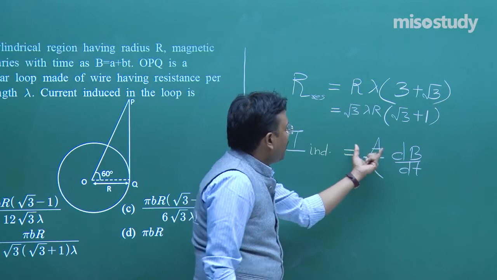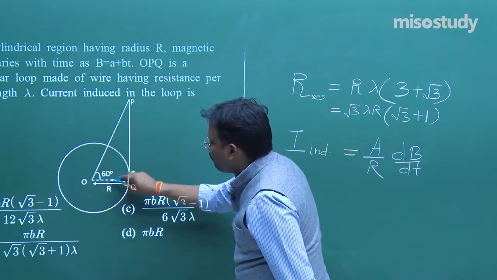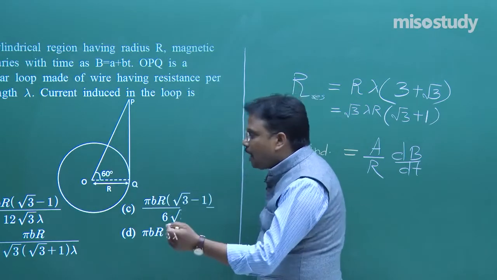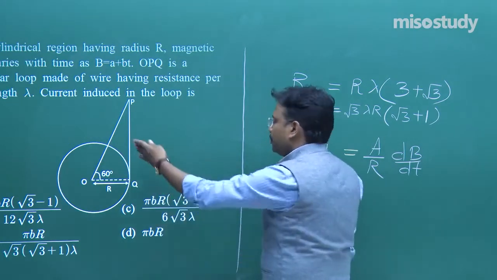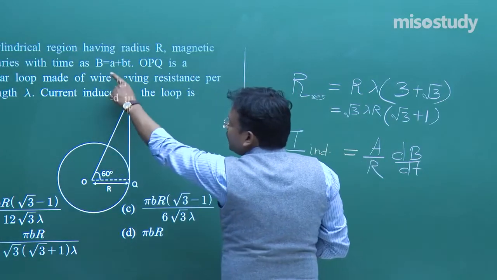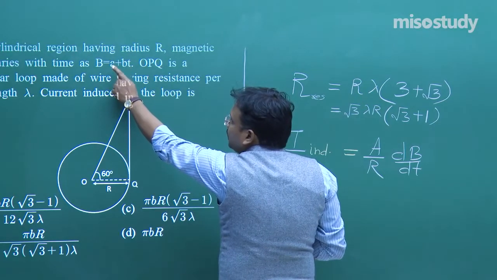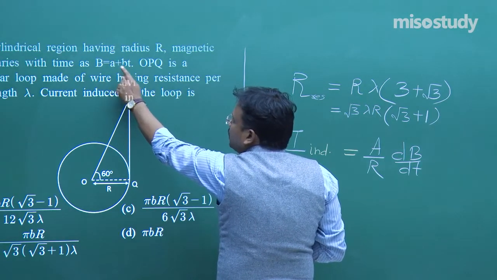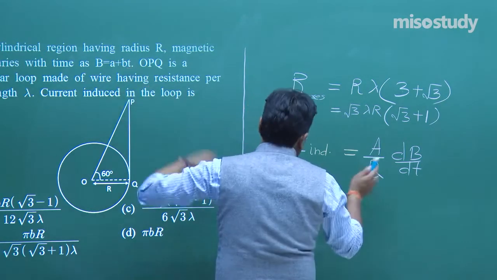What is the A? Now A is something for which you have to use the basic formula of area of this triangle. I am not going to interfere in your approach, simple. And then dB by dt. What is the variation in B? A plus bt. So ultimately A is constant without t, B is constant with t. So we have to take care of these terms, fine.